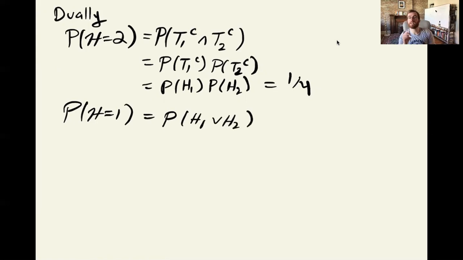But I know that this is going to double count, or it's going to include something I'm not trying to count, which is the probability that H1 and H2 both occur. So I have to subtract off the probability of H1 and H2 occurring.